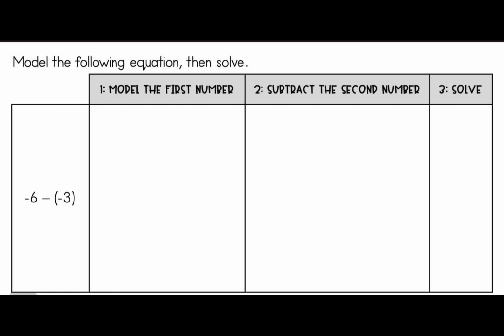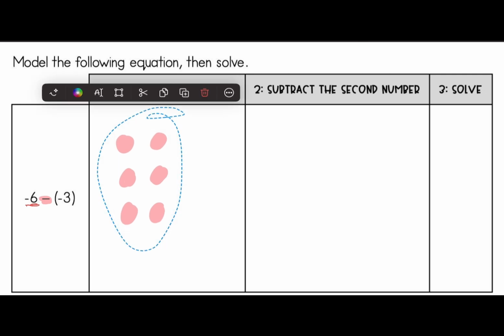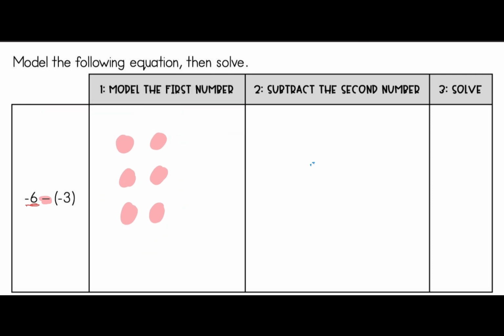Next, model the following equation, then solve. So first, what are we starting with? We're starting with 6 reds. 1, 2, 3, 4, 5, 6. And I am subtracting, so I'm taking away the second number. So again, I'm going to copy this and put it over here.